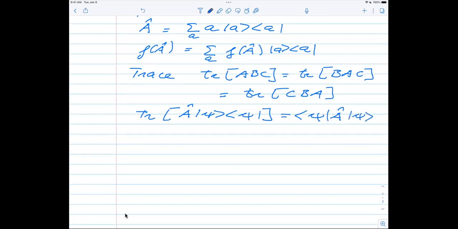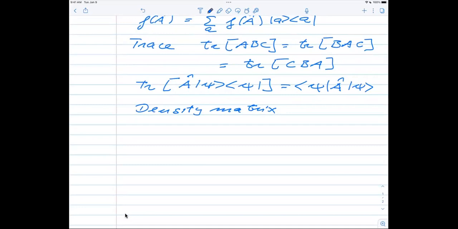And we have also defined the so-called density matrix in terms of these projections. The density matrix rho is given by the sum over all the possible states which we have, with some probability p_i, which is one of the eigenvalues of the density matrix, times |psi_i><psi_i|. This is also called a density operator.